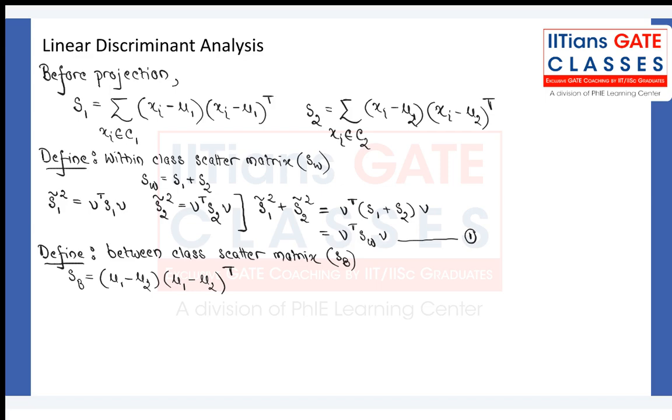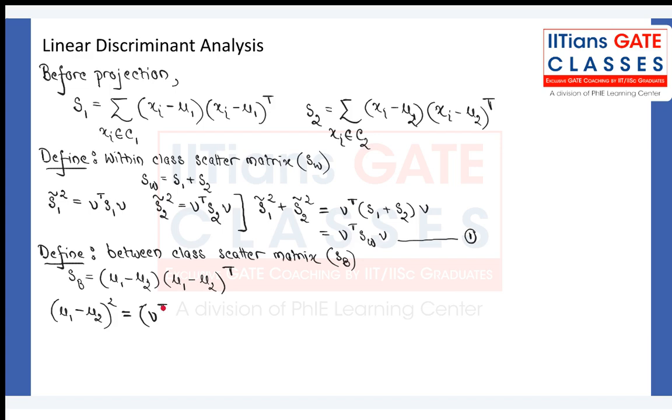Similarly, if I want to calculate U1 minus U2 squared, I just removed the absolute sign because it's the same. If you just do square, it will anyway take the positive always.